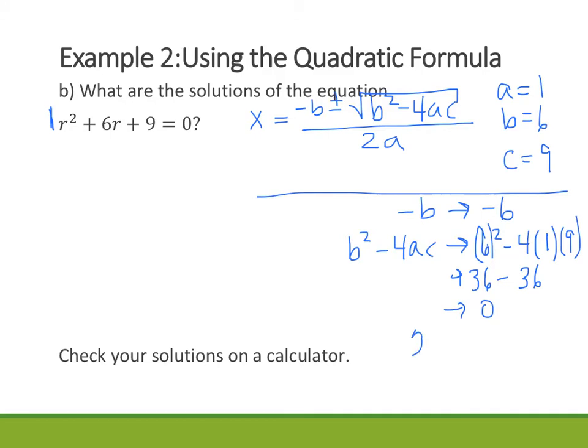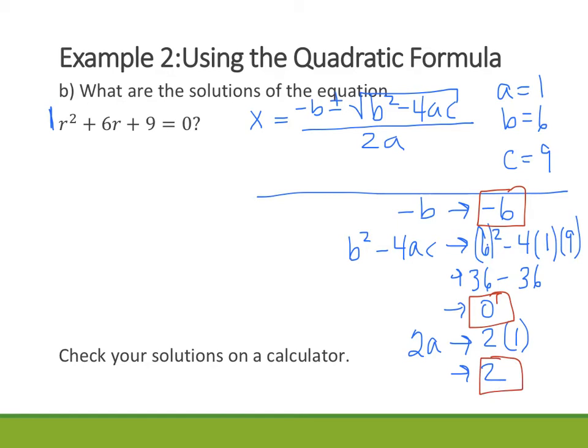And then I would like to know, well, what is 2 times a? Well, 2 times a is 2 times 1, which is 2. So now I've got each of the three parts of the formula, and I can just plug them in.